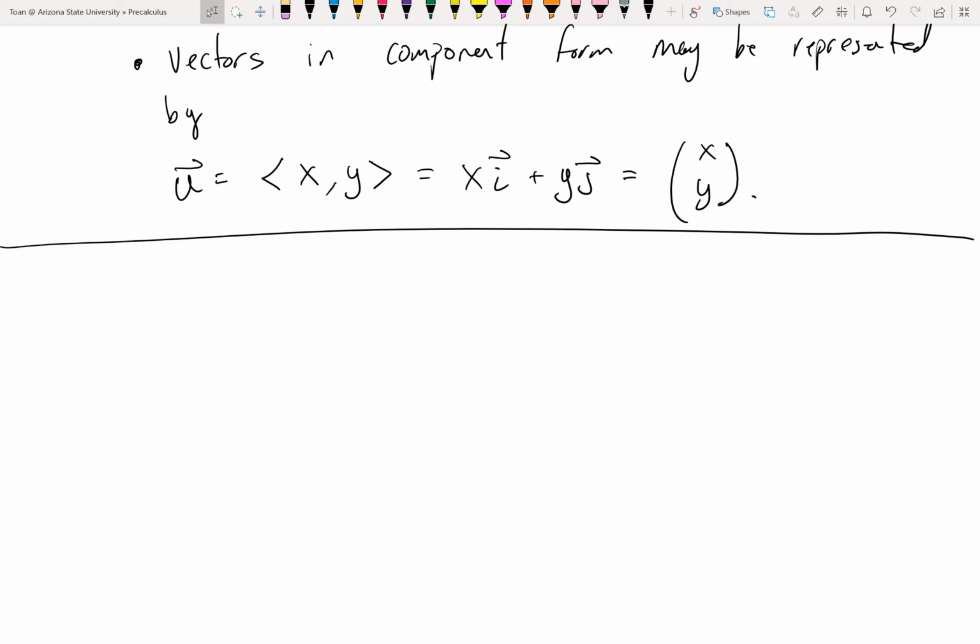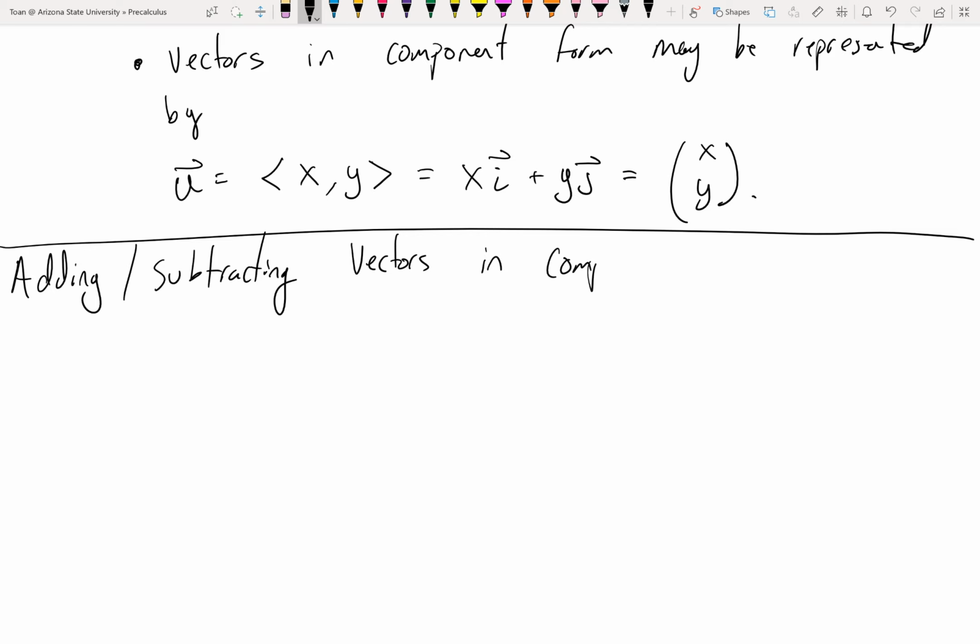So it transforms a two-dimensional quantity into one-dimensional quantities, which is the math we've been doing since kindergarten all the way through Algebra 2. So let's talk about adding and subtracting vectors in component form.